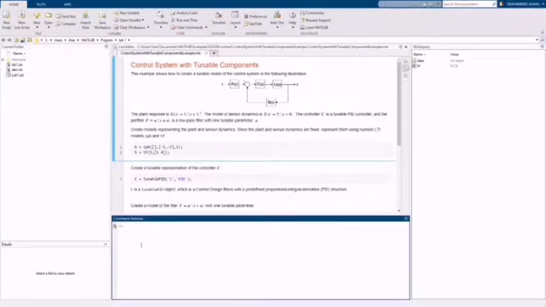First, H equal to TF, bracket, 24.542, and 1, for 24.542.